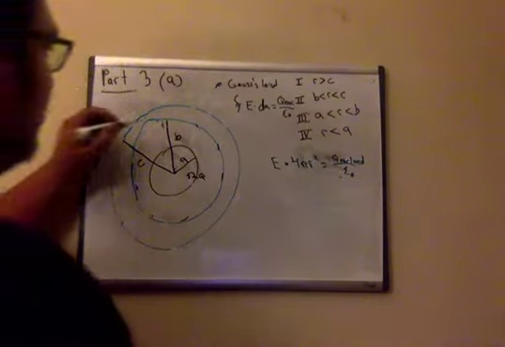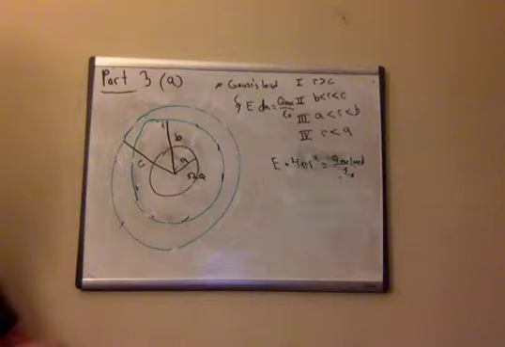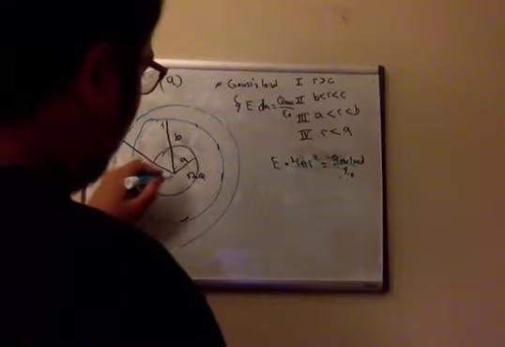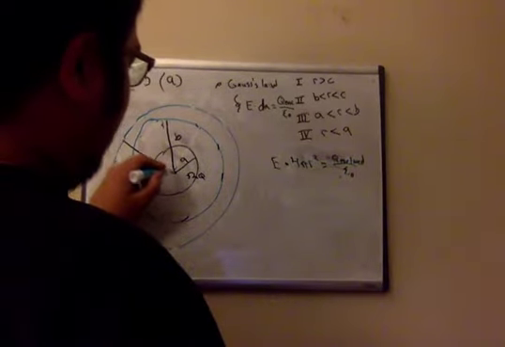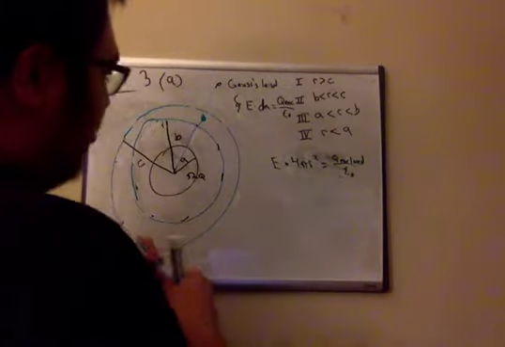For part 2, we're looking for the radius r when it is inside the material, like let's say here, at this point.